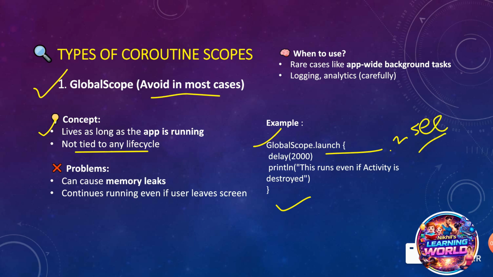It just runs as long as your application is running, and it can cause a memory leak. It keeps running even if your user leaves the screen. That's the main point here.